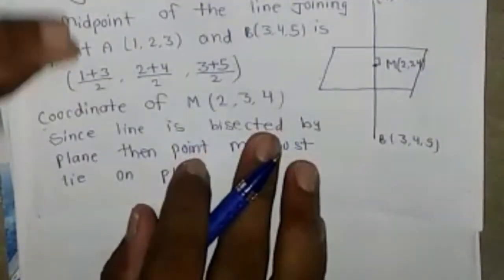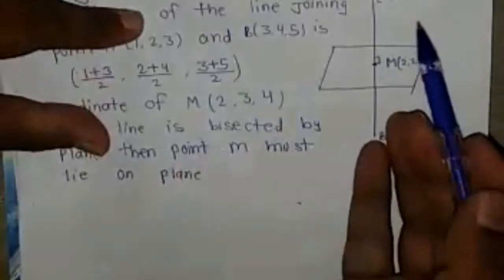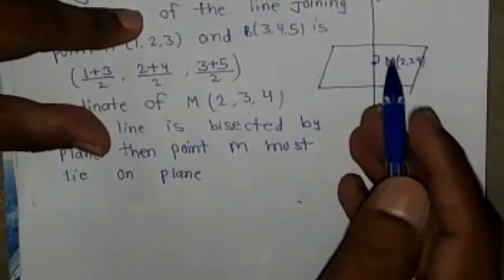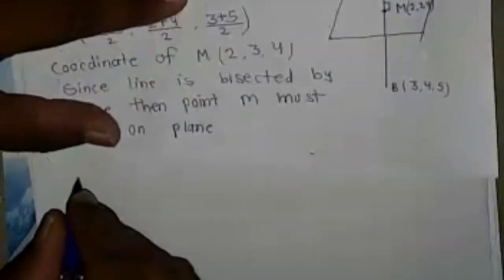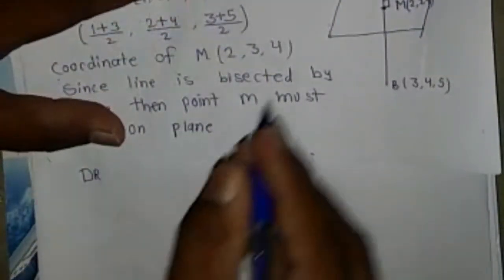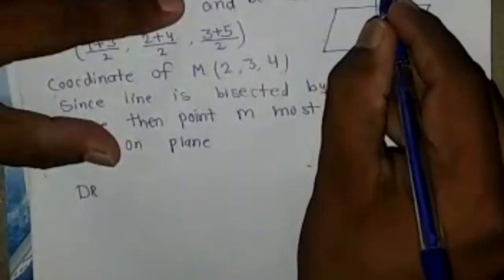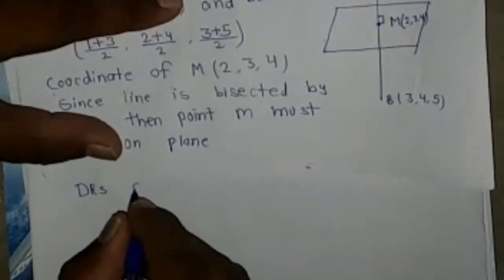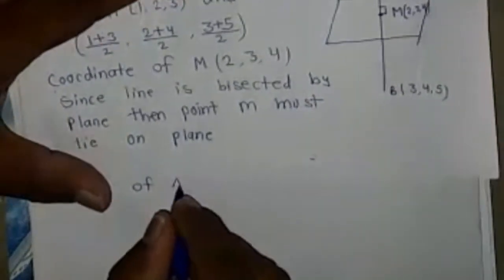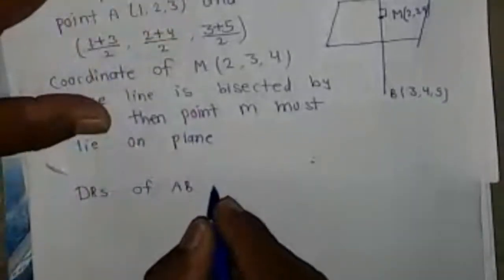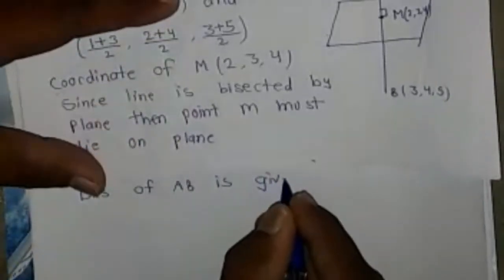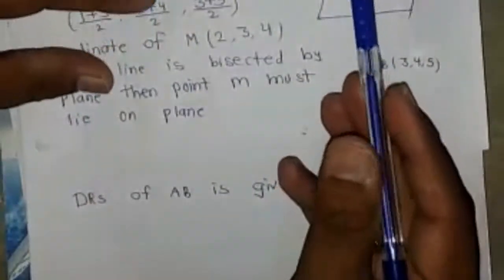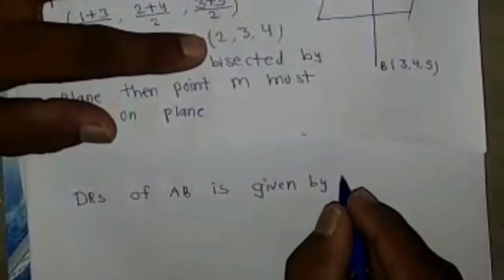Now we have to find the direction ratio of the normal vector. Since AB makes a right angle with the plane, let n vector be the direction ratio, because it is perpendicular to the plane. The direction ratio of the line joining 2 points (x1, y1, z1) and (x2, y2, z2) is given by x2 minus x1, and so on.